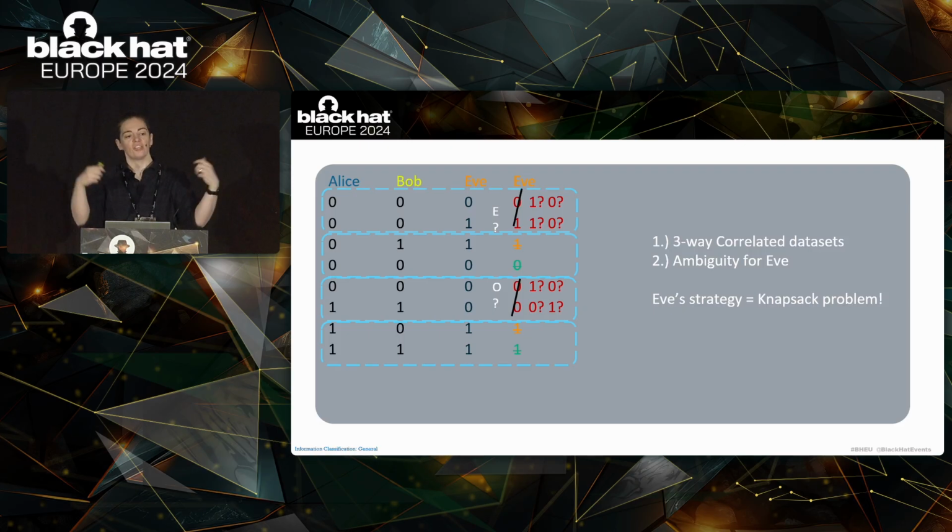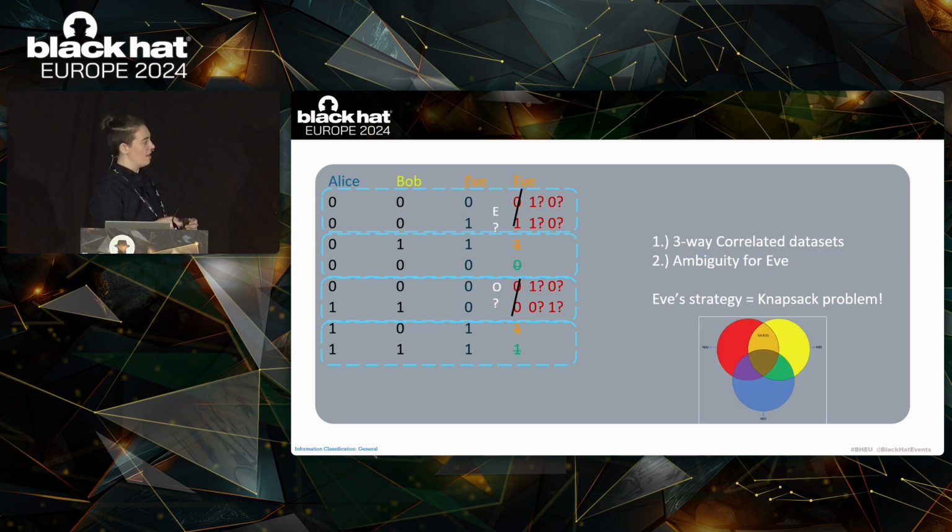And her creating and generating that brute force in the first place is actually that knapsack problem that I was talking about right at the start. And what we have here, if we remember this little diagram, is some part there that Alice and Bob have, which is mutual, that Eve doesn't have access to. And that is why this is secure.